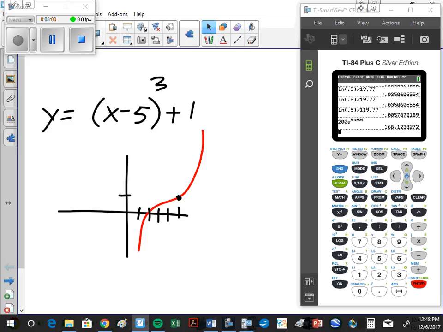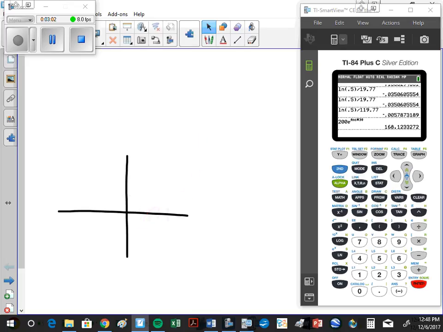Yeah, on your paper? Okay. What about, what if I had y equals (x plus 2) to the 4th minus 3?